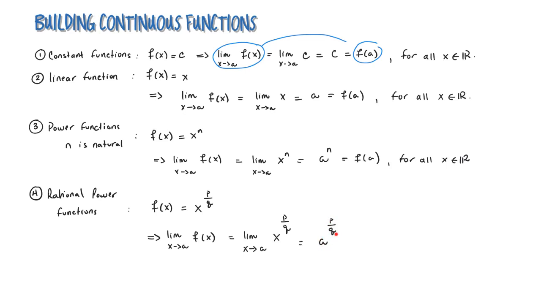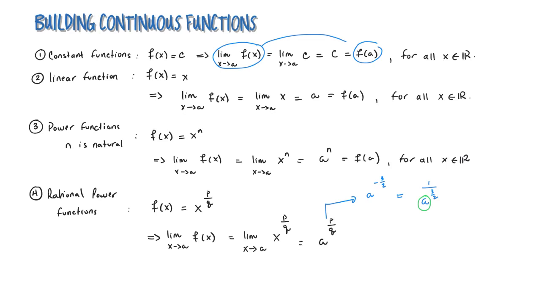That if p over q is negative, for example, imagine that we had a to the negative 3 over 2, something like that. Then this is equivalent to having 1 over a to the 3 over 2. So in this case, we have to make sure then that a is non-zero, because if a is 0, the entire number is undefined.